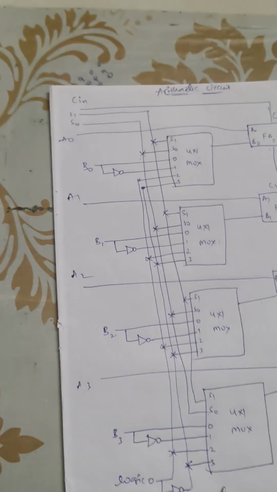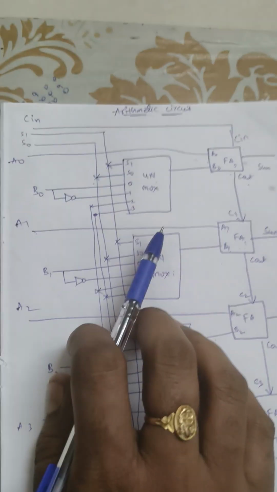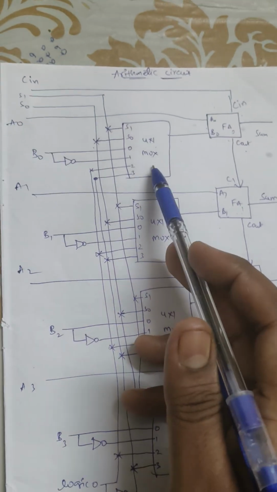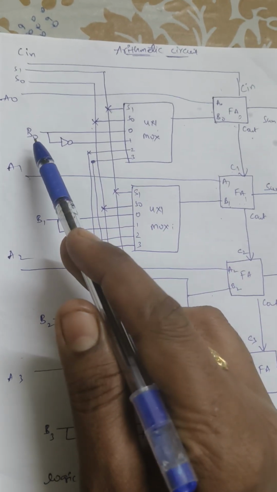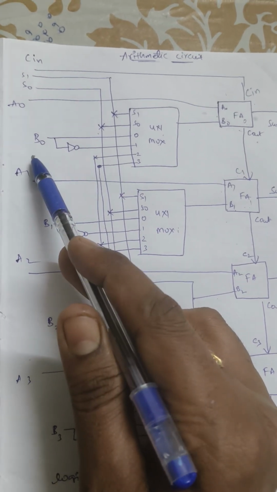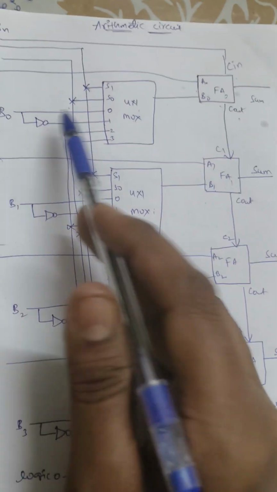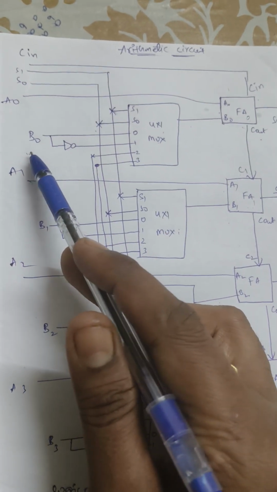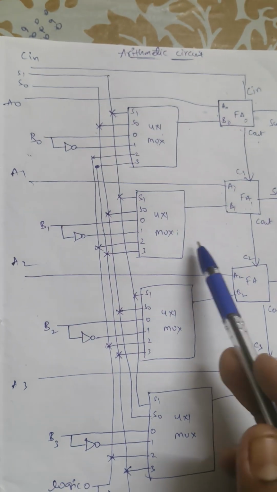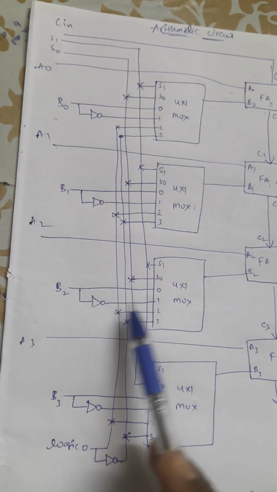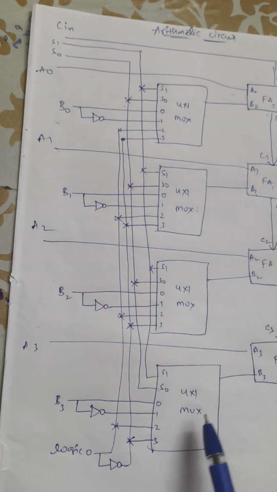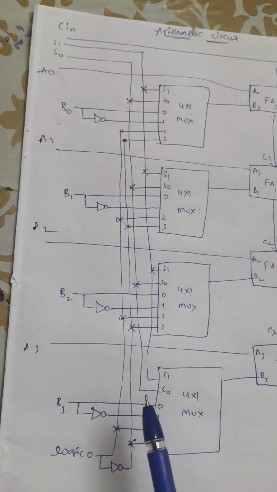First, this is the mux 0 output. For the 0th bit, I am connecting the B0 bit information. Similarly, the mux 1 0 bit is connected to B1, mux 2 0 bit is connected to B2, and mux 3 0 bit is connected to B3.